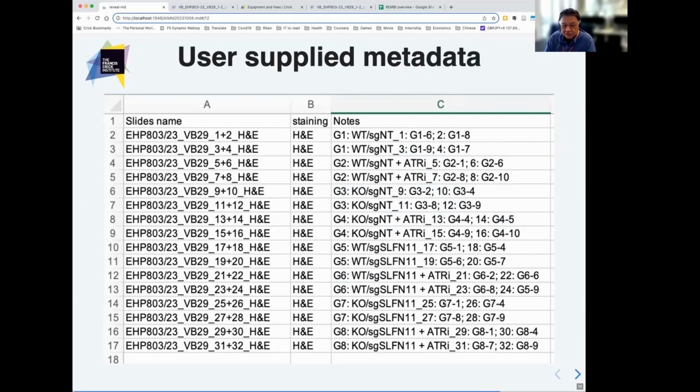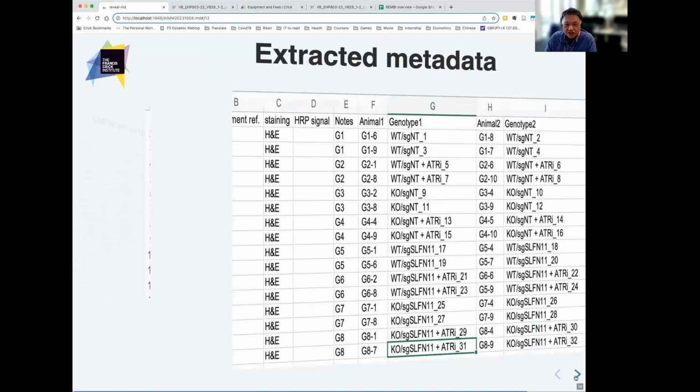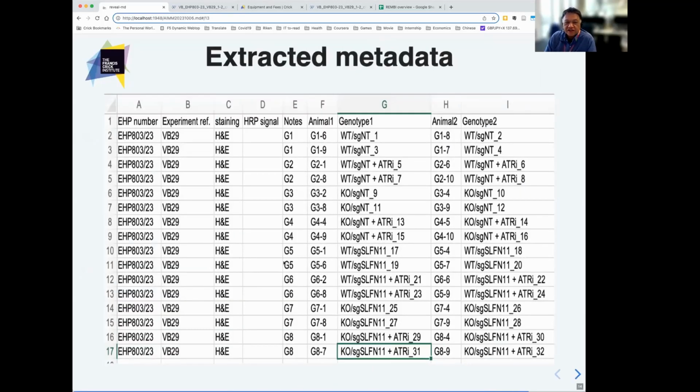So that is the metadata that we're receiving. It's a bit cryptic, but some of you are experts in biology and probably know what this is all about. Extracting it separately, what we can tell is that on one of the slides, we have animal 1 with a genotype, so wild type, a kind of mouse strain, and then the other one is on the same slide with a different animal with a different genotype.